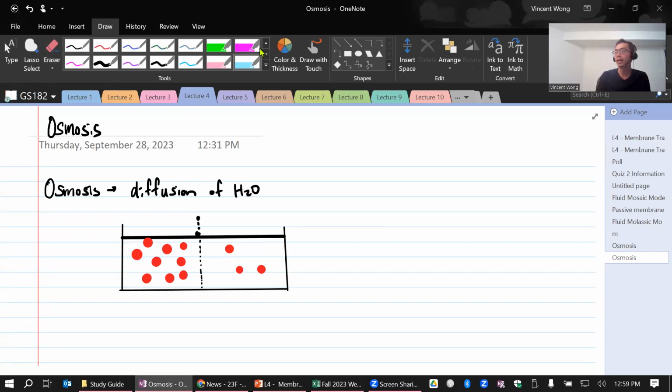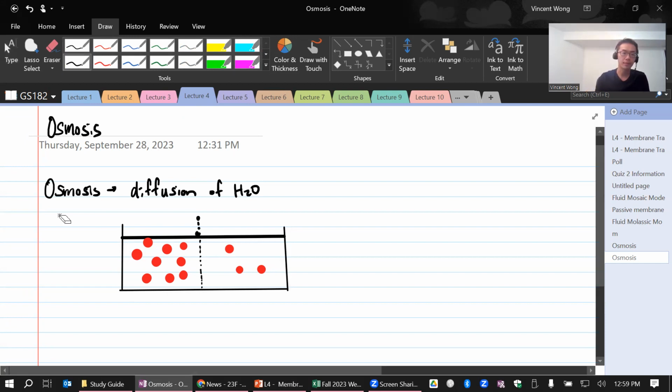So which side has higher concentration? What do you think, left or right? Which side has higher concentration based on my drawing? Yeah, the left side, right? So high concentration, low concentration.